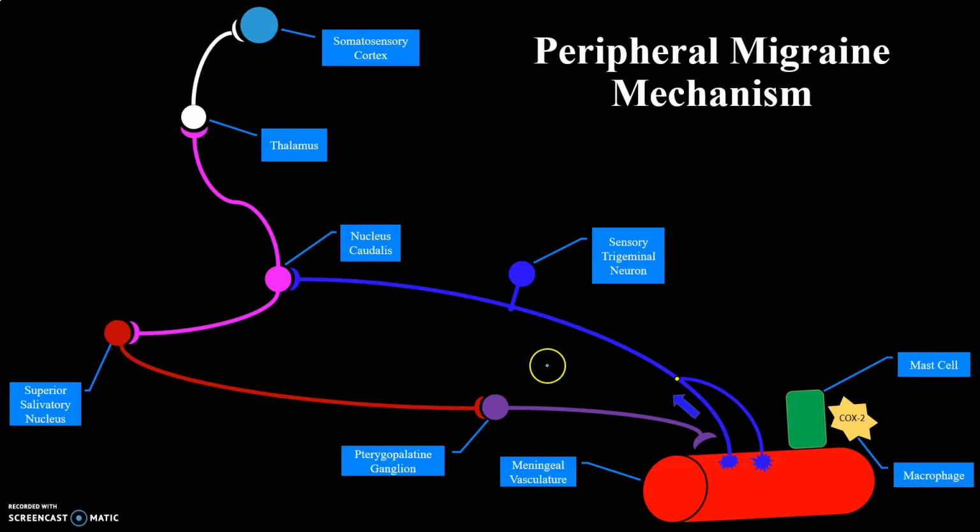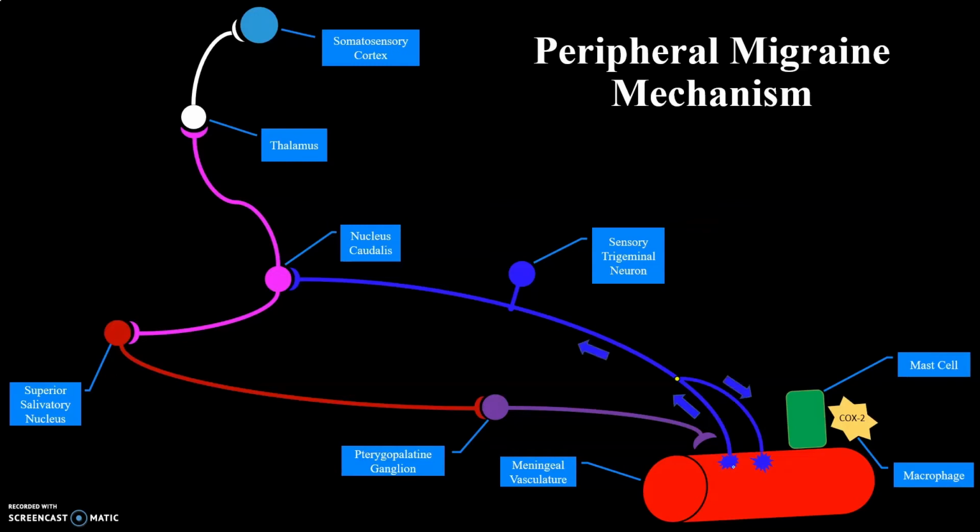So these are first order trigeminal afferent neurons that innervate the meningeal vasculature. So, be it increased blood pressure or spontaneous vasodilation or what have you, something is thought to happen that triggers these first order sensory neurons, which are chemoreceptors and mechanoreceptors, to have an action potential.